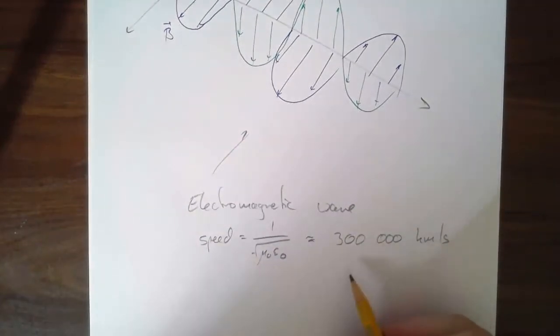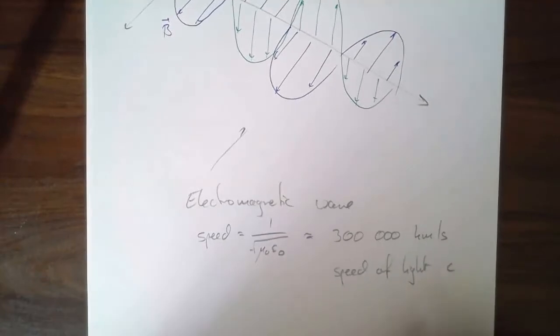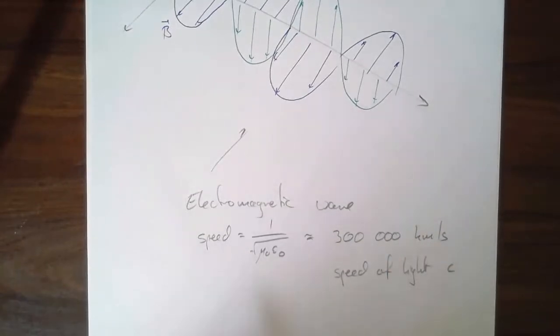That's what we call c, the speed of light. For some reason we use c rather than v. Again, v means speed of anything. C specifically usually means the speed of light.